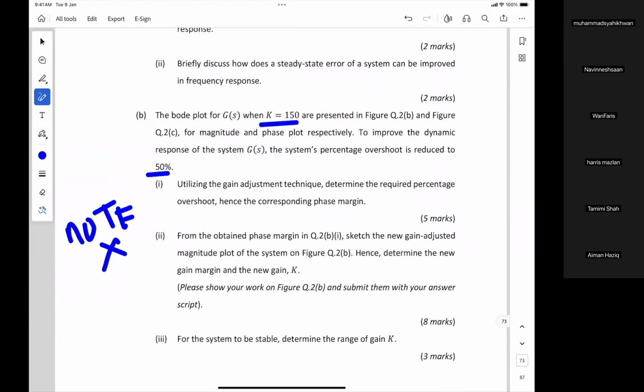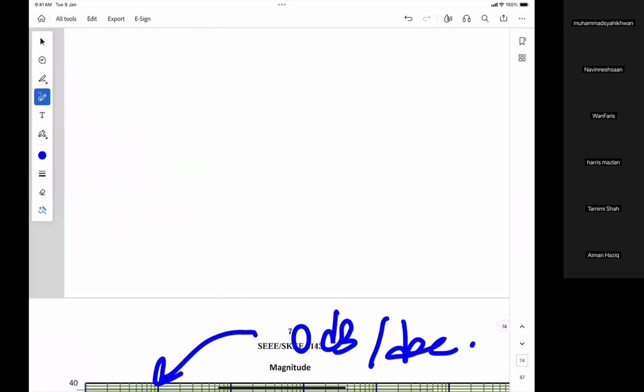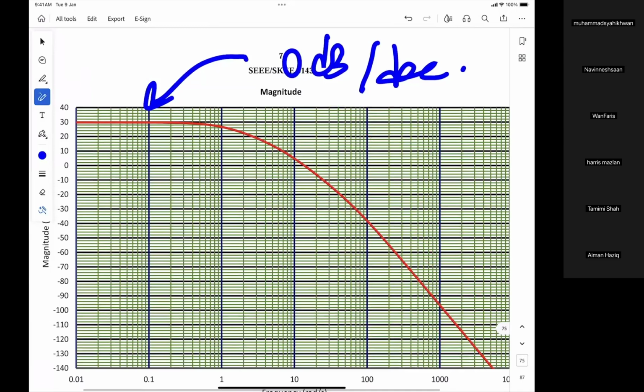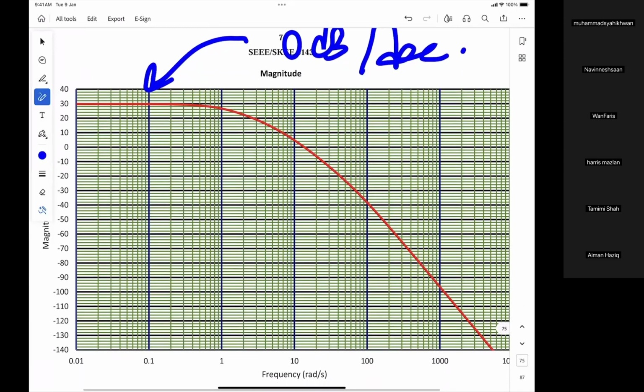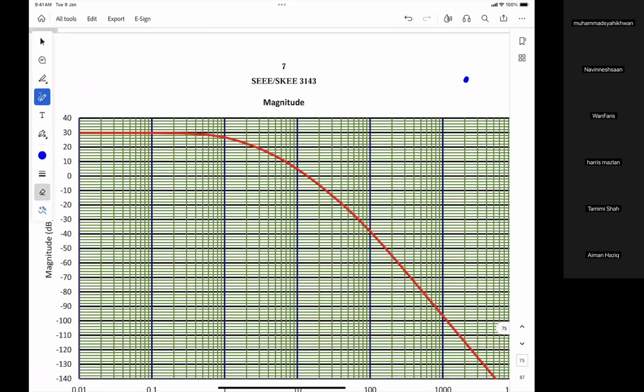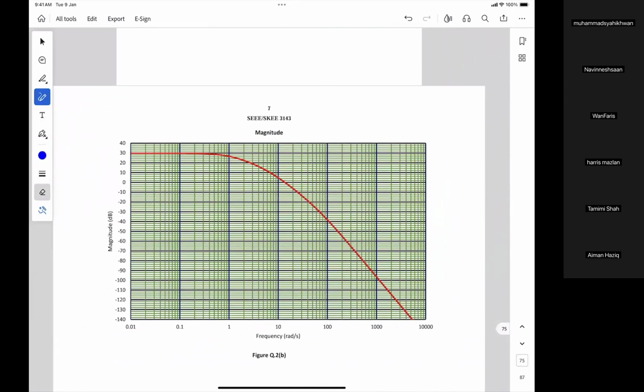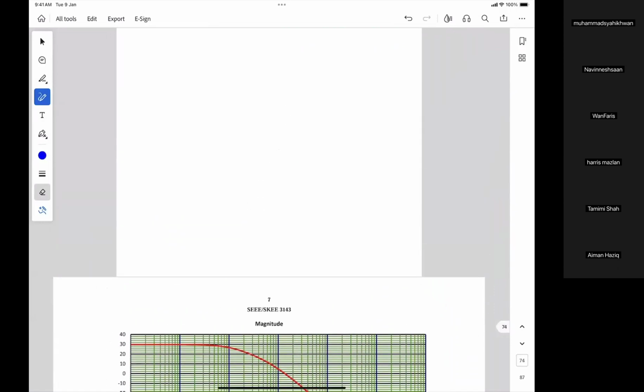So no transfer function is given. Just plot like this, and system type 1. So what to do? Lee, can you open the gate? How to start?